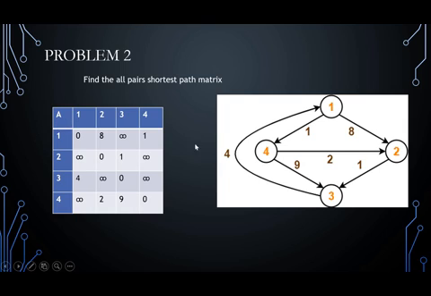Looking at the diagram, I have created the cost adjacency matrix. The cost adjacency matrix A is 0, 8, infinity, 1, infinity, 0, 1, infinity, 4, infinity, 0, infinity, infinity, 2, 9, 0. Okay.